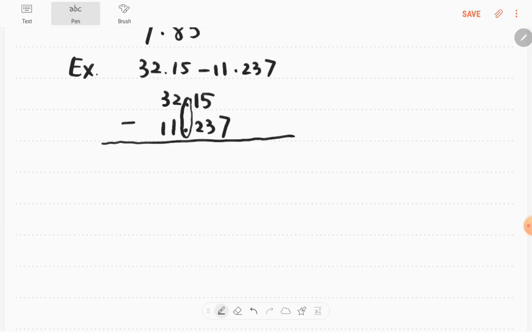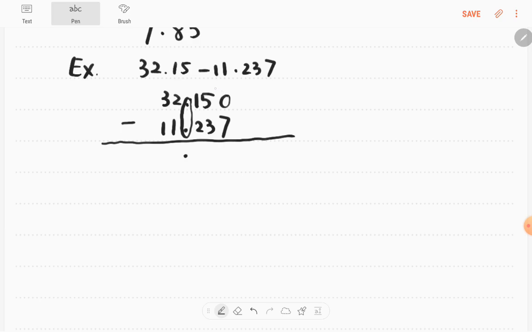It's the most important part. Of course, you can put your decimal point first in your answer. Then the remaining step is just the same rule as we do the subtraction with whole numbers. And if here it's empty, we can add a 0 here.